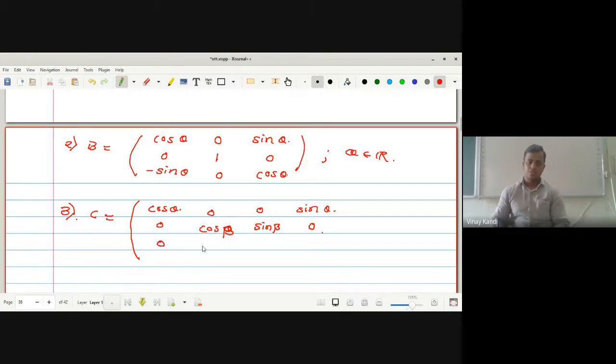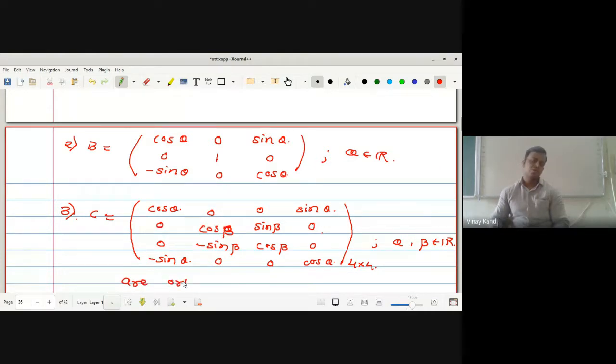The third row is 0 minus sin beta cos beta and 0. And the fourth row is minus sin theta 0 0 cos theta, with order 4 cross 4, and theta and beta belong to the set of real numbers. These are examples of orthogonal matrices. Any doubt?